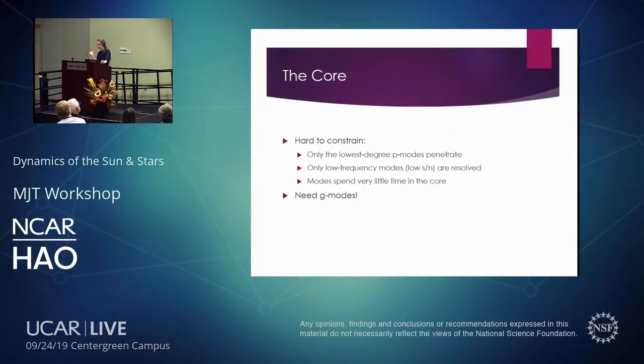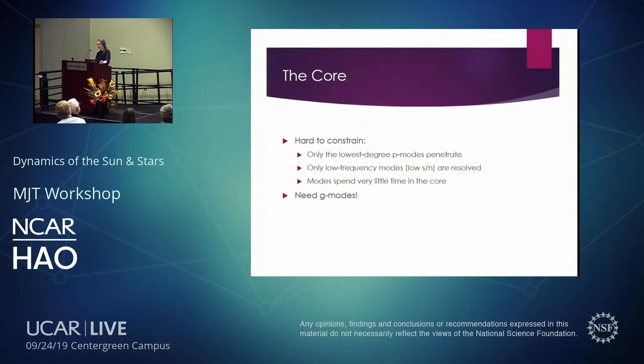And you can only resolve the ones at the very low frequency, which didn't have terribly high signal to noise. And even those modes, they only spend a tiny fraction of their time in the core. So the average they get is really highly weighted towards the near surface rotation, and your estimates of the core rotation are quite sensitive to any errors.